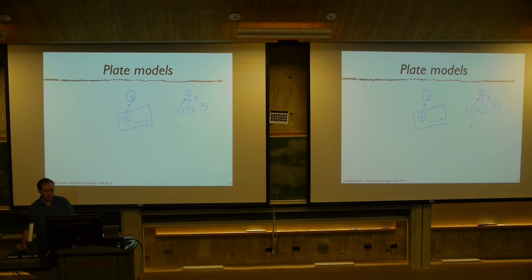Or if you had it the other way around, y could influence all of the xi's, and you could have a plate like that. And this graphical model is one that you've seen before. Does anybody recognize it? It's kind of a naive graphical model.